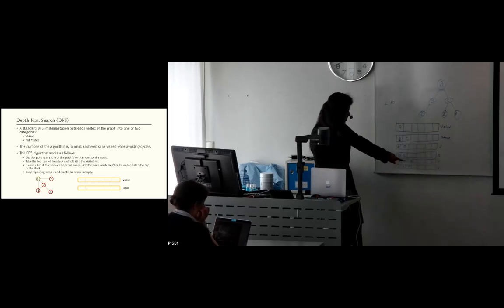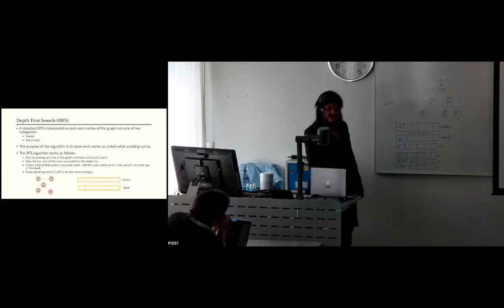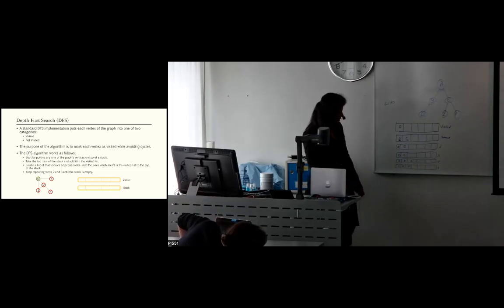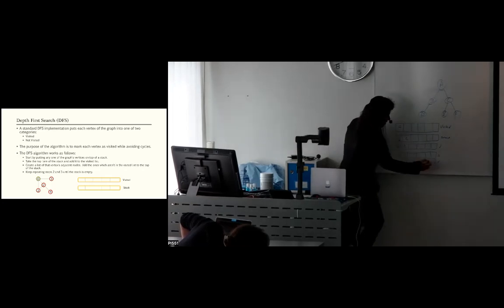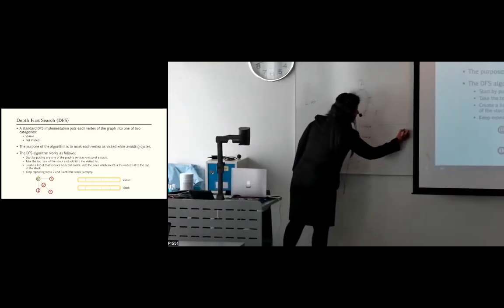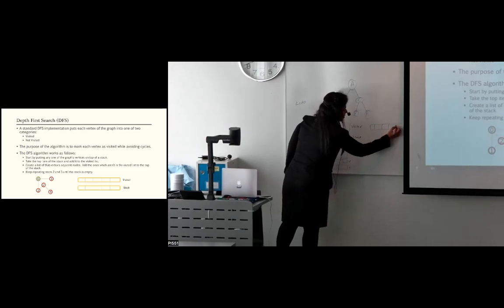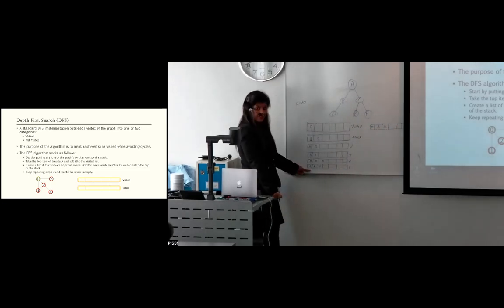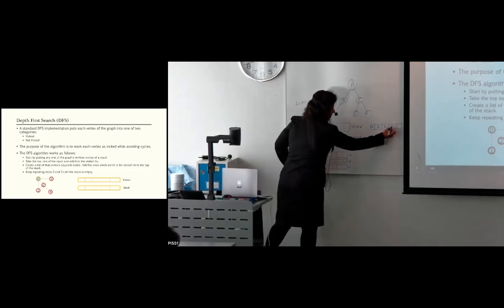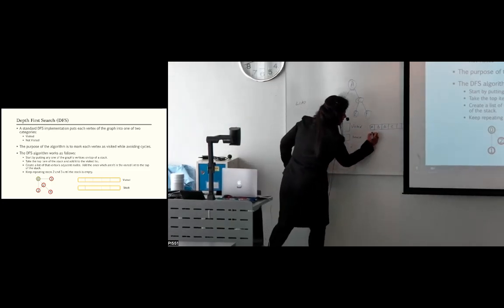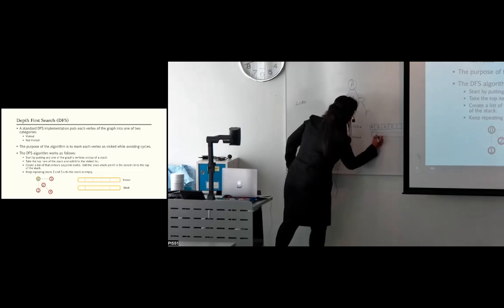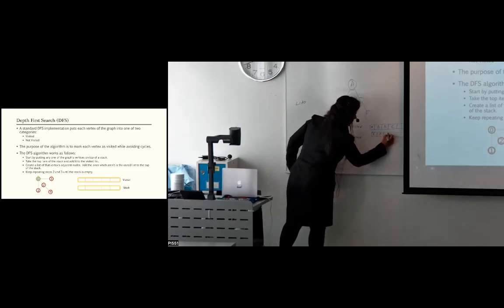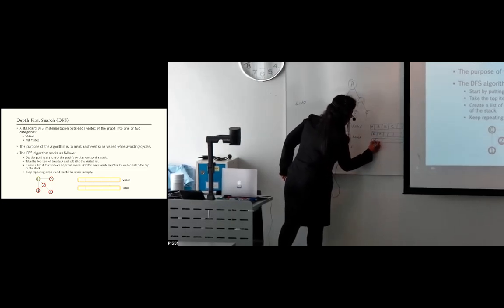So what would be the next visited one? A, B, D. Next one, C. Next, it will be E, F. So what would be the next?